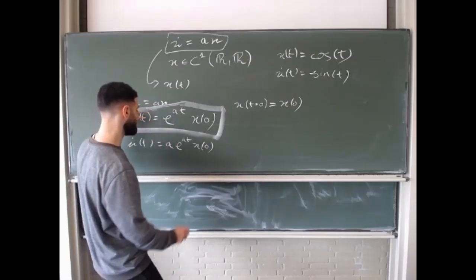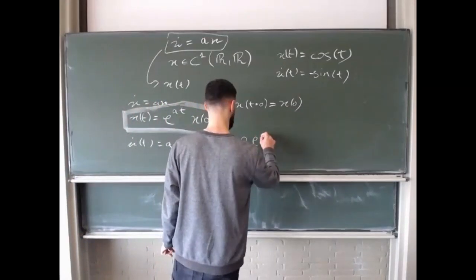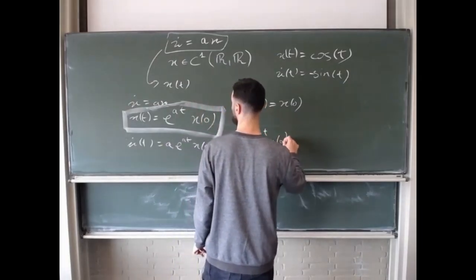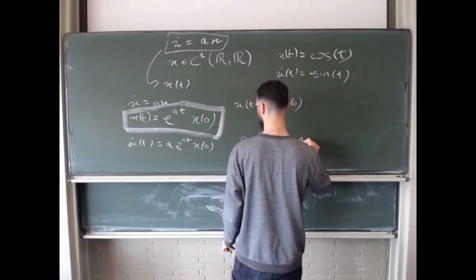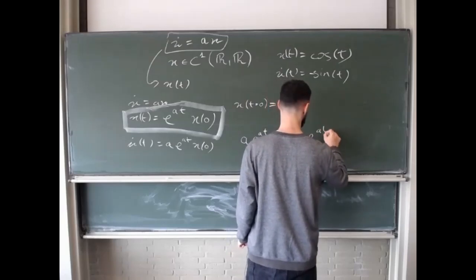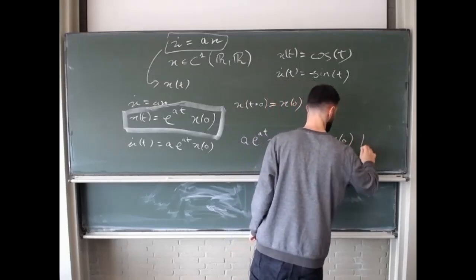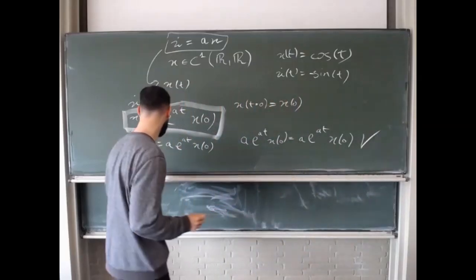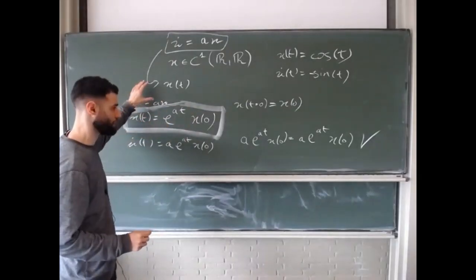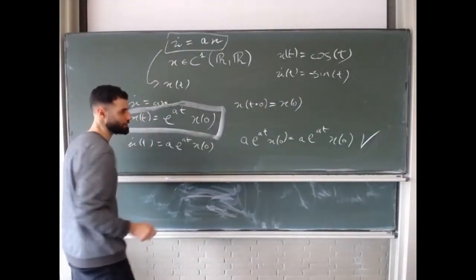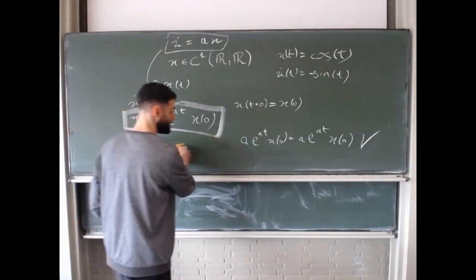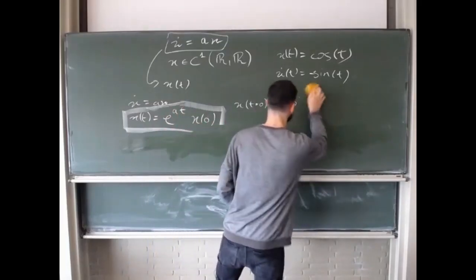And if you substitute it back, you get a e to the at x of 0 equal to a times e to the at x of 0. You see, check, this is satisfied. That is, this exponential expression for the function x of t indeed solves this differential equation. And this is background that you should know very, very confidently.